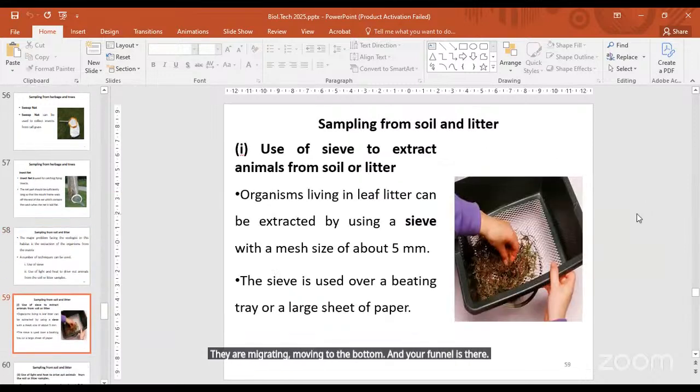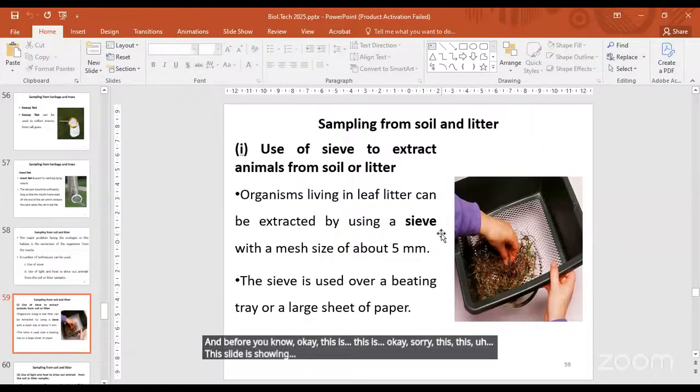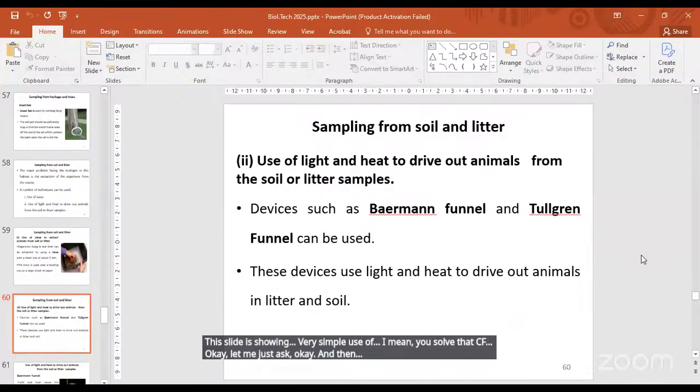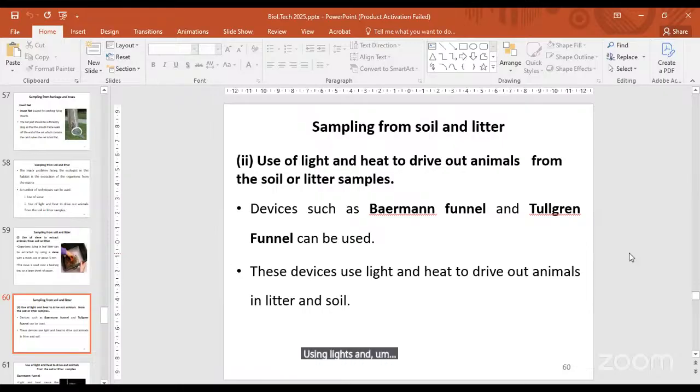This slide is showing a simple use of a sieve. And then we are talking about using light and heat. Such devices are called the Berlese funnel or Tullgren funnel.